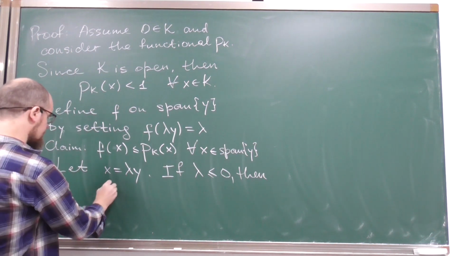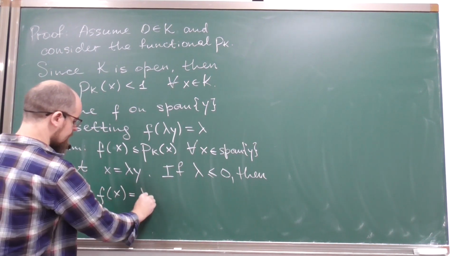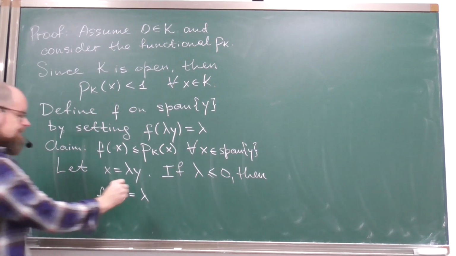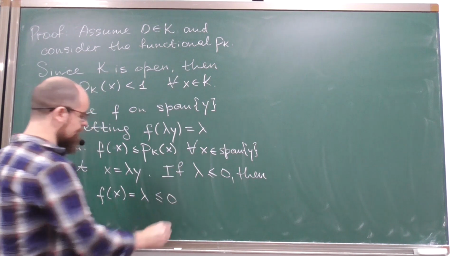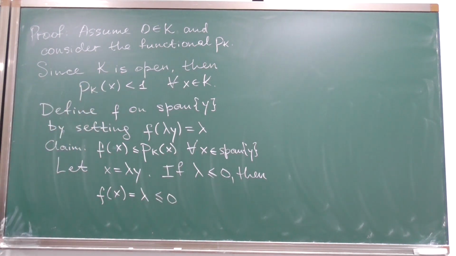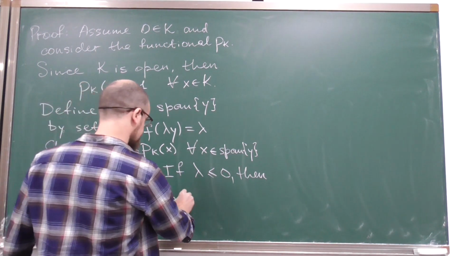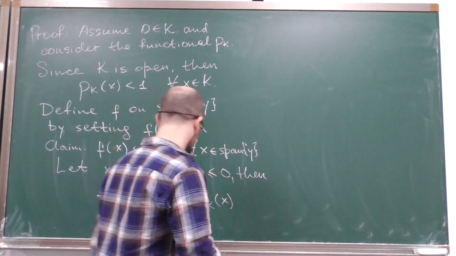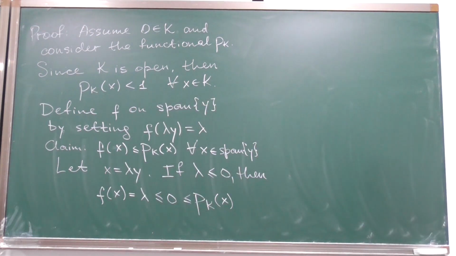Then f of x equals lambda by definition, which is less than or equal to 0. But the functional p sub K is always non-negative because it is an infimum over the positive numbers. So in this case, we proved that f is dominated by p sub K.